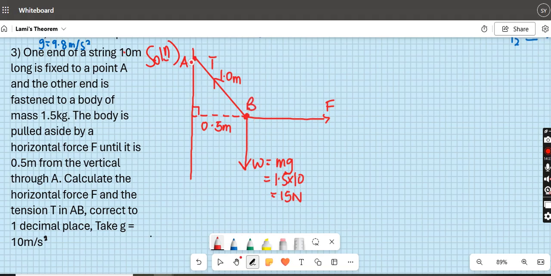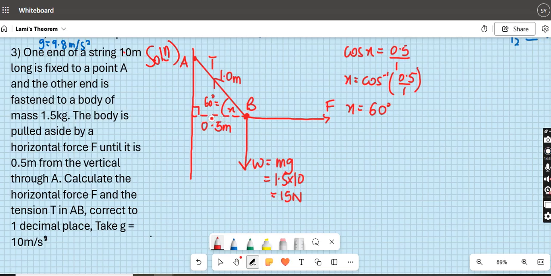So when we take the right angle triangle here, we can find, let's say, this angle X. We have adjacent, we have hypotenuse. So we can say that cos X is equal to 0.5 over 1. So X will be the cosine inverse of 0.5. And that should give us 60 degrees.